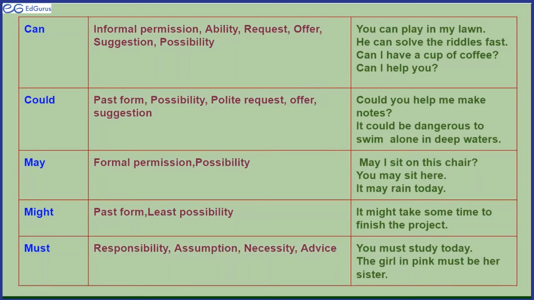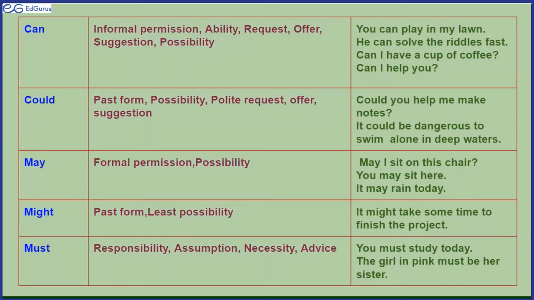It is a necessity. And what is the meaning of assumption? Assumption is, it is expected, it is assumed that you have to do this. It is sort of necessity only. Okay. And then responsibility.